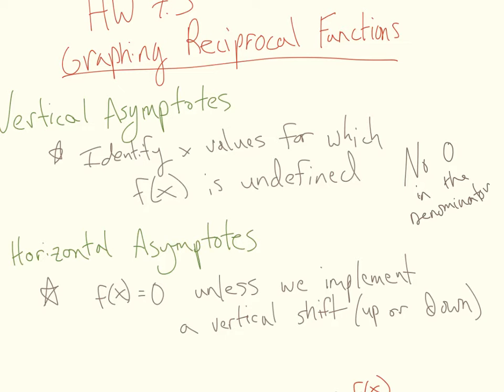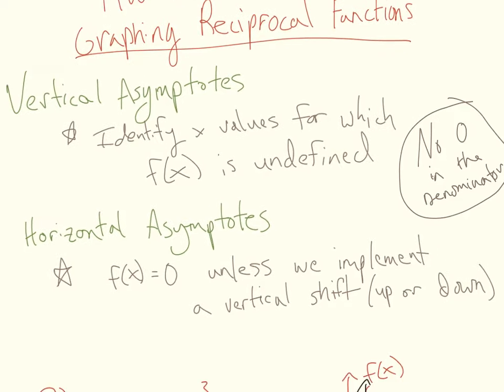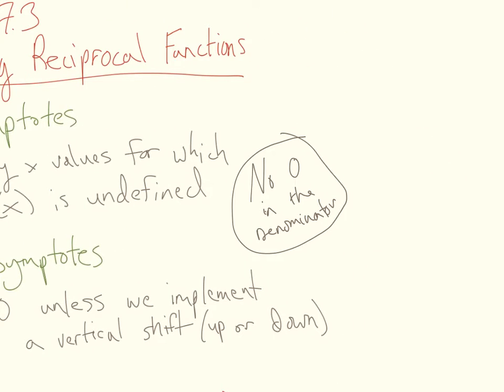Okay, so no zero in the denominator. That is where our vertical asymptote is going to occur. Whatever value causes that denominator to become zero, you're going to get that vertical asymptote. And we usually represent vertical asymptotes with dashed lines, straight up and down.